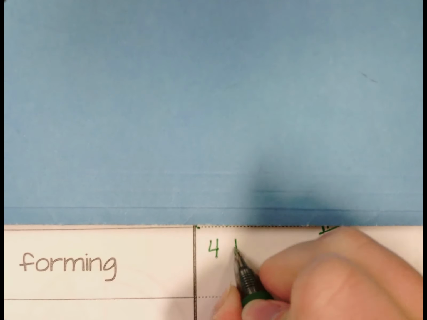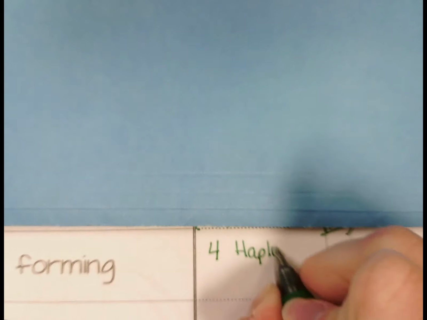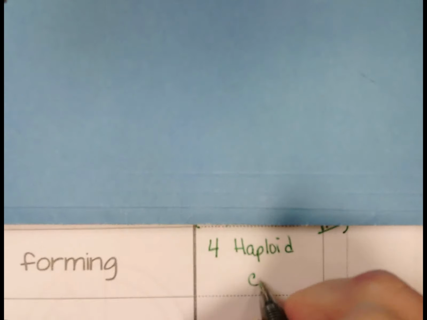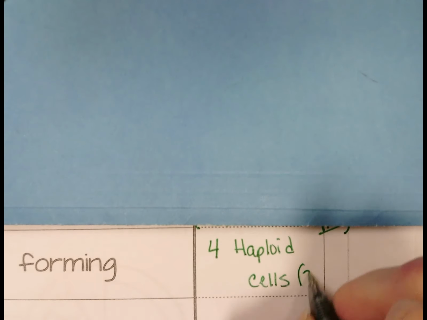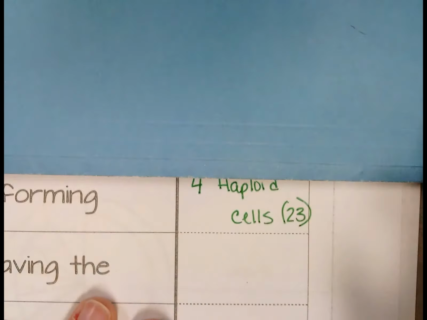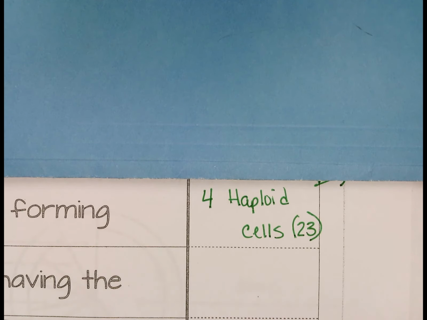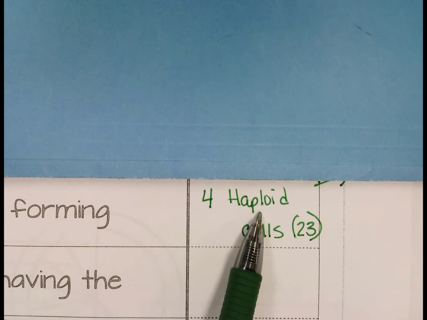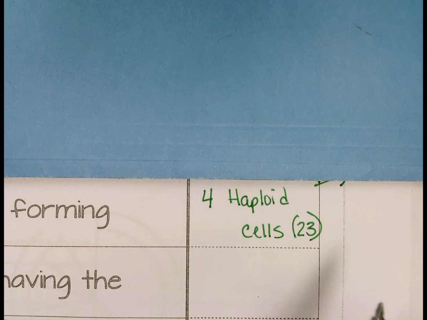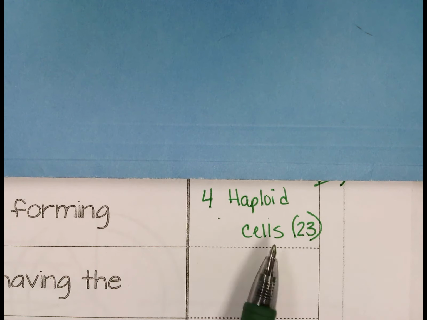And it's actually going to form 4 haploid cells, meaning each cell is going to have 23. So meiosis is going to produce egg and sperm. The haploid cells have half the DNA that is in the two diploid cells, so 4 haploid cells. If you look back at your graphic organizer, you'll see that the chromatids are pulled apart.